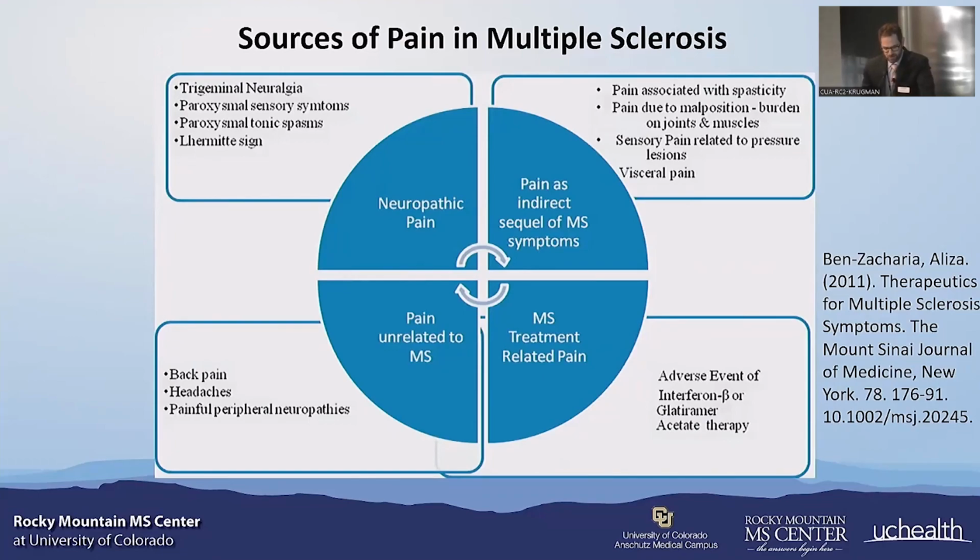And then finally, you can have pain that's unrelated to MS. And some of you have heard me talk about this concept before, that just because somebody has MS doesn't mean that all of their symptoms are related to MS. Take, for instance, back pain or headaches. Some of these things are extraordinarily common just in the general population. And so even if you have MS and you're experiencing one of these things, it doesn't necessarily mean that MS is the cause.